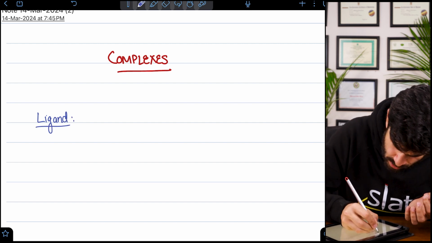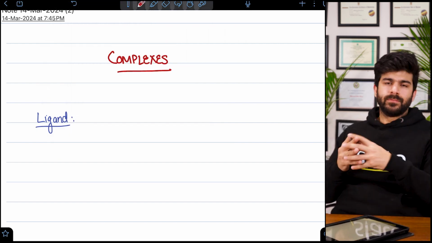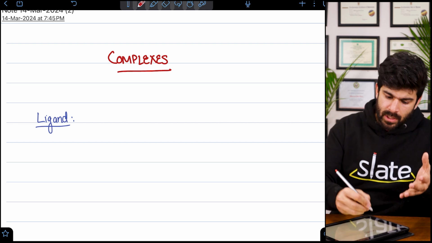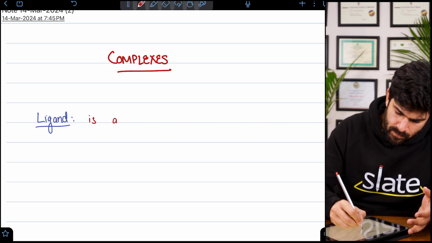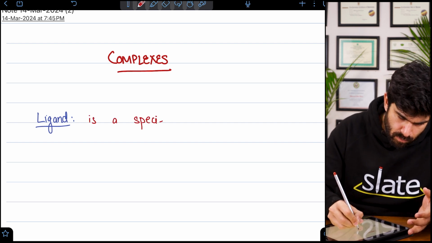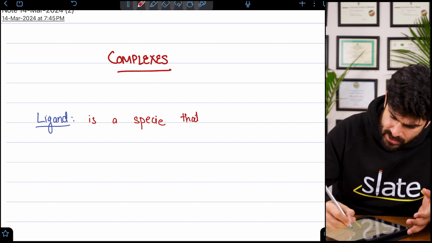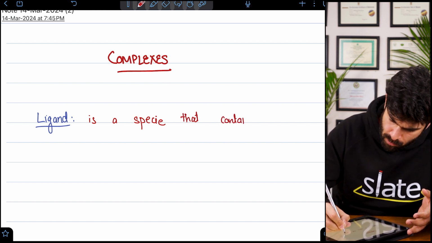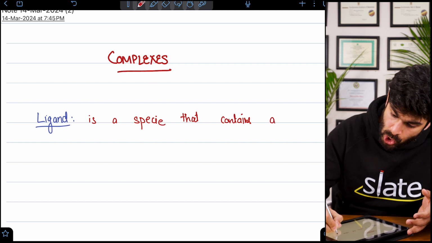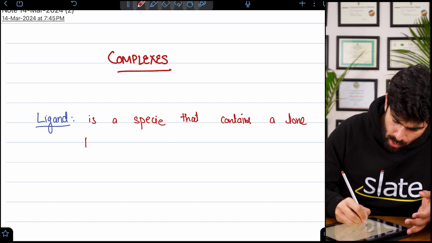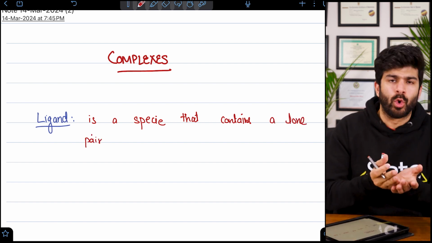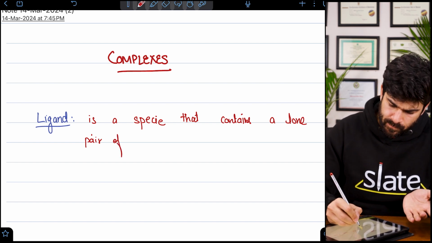ligand. What is a ligand? Ligand, students, is a species that contains a lone pair. Now, what is the point of having lone pair of electrons?